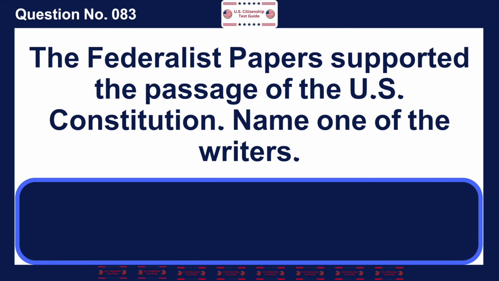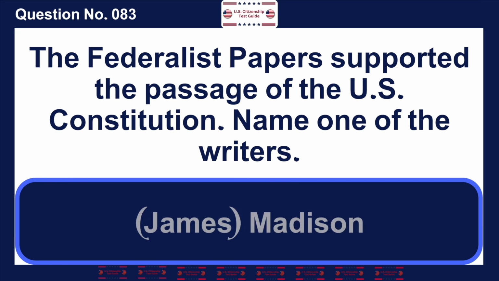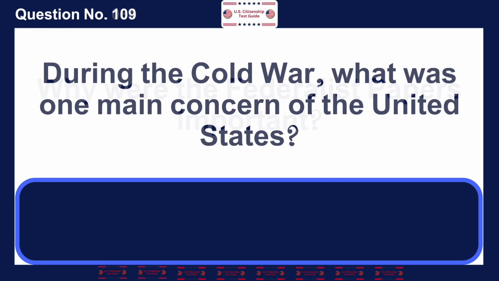The Federalist Papers supported the passage of the U.S. Constitution. Name one of the writers. James Madison. During the Cold War, what was one main concern of the United States?